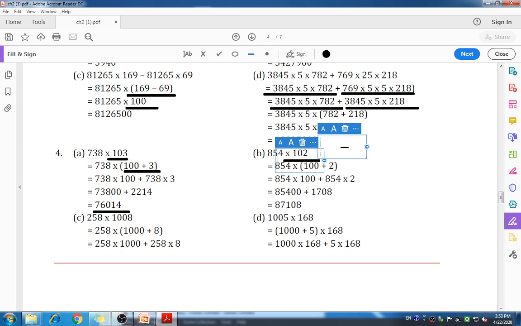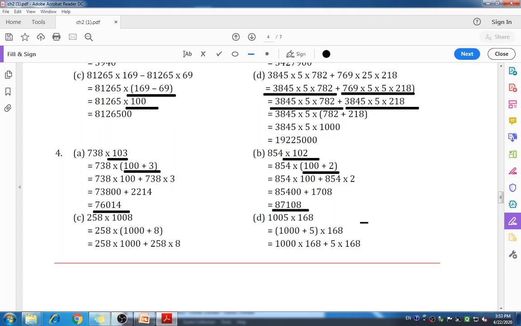Question number B, 854 into 102. Look here, 102 I wrote as 100 plus 2, and by the multiplying process and by using the distributive property we get the final answer 87,108.